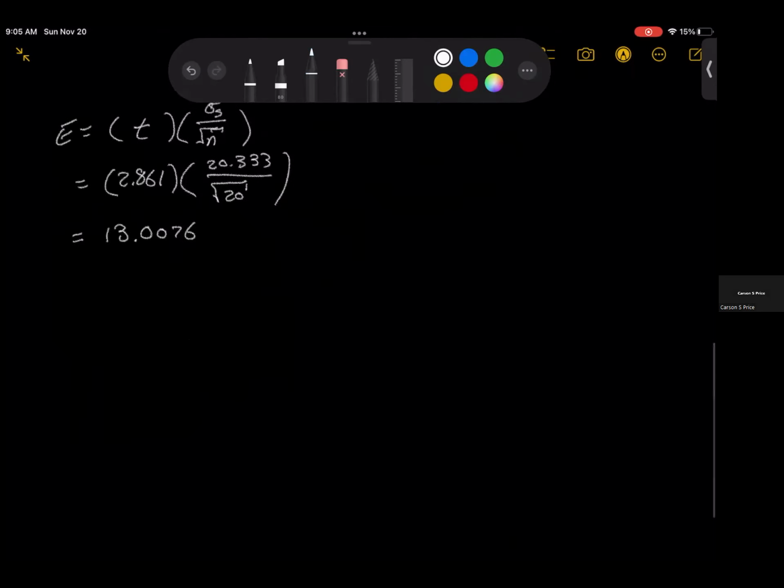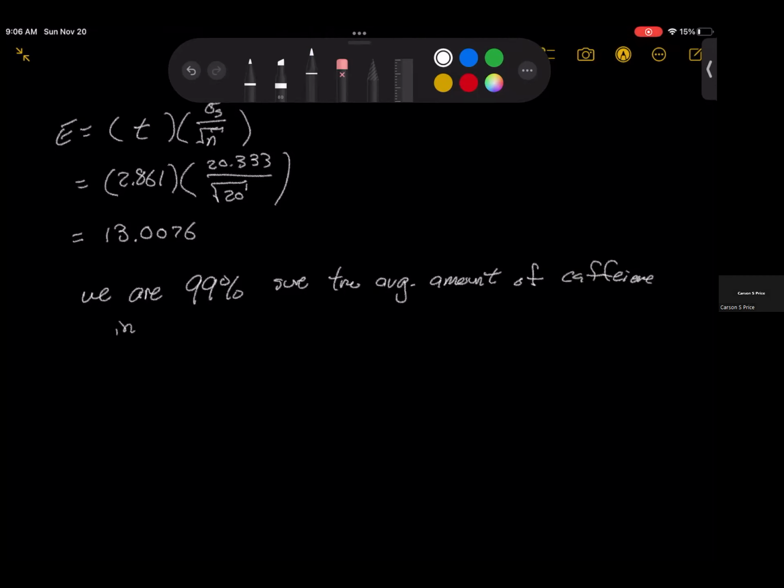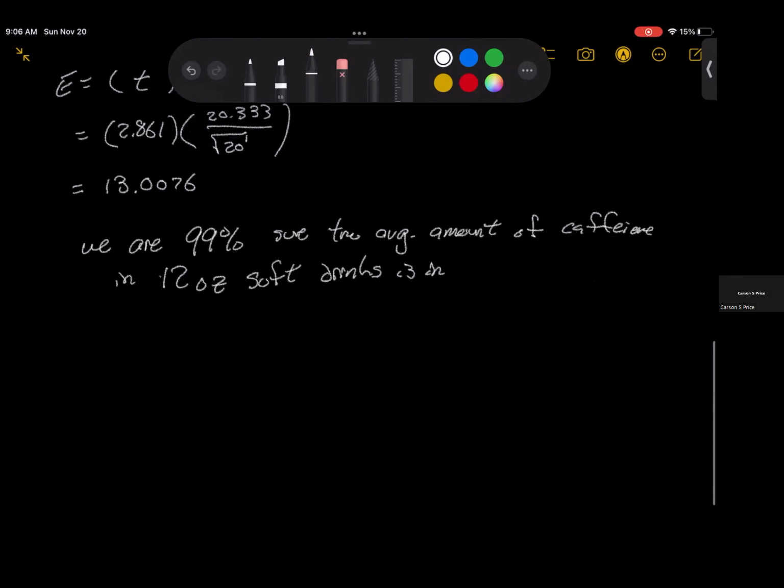Okay, so our conclusion here is we are 99% sure the true average amount of caffeine in 12-ounce soft drinks is somewhere in between this interval.